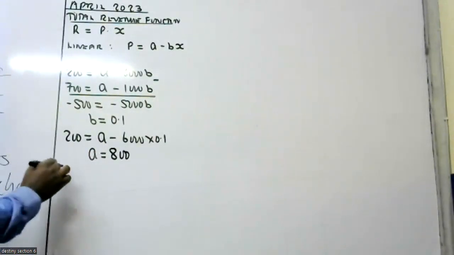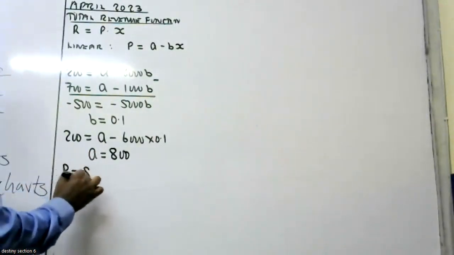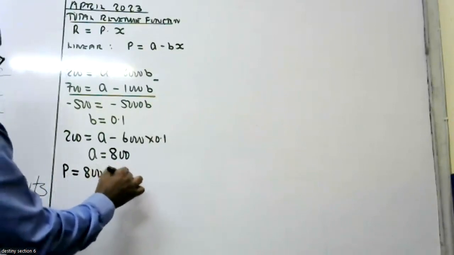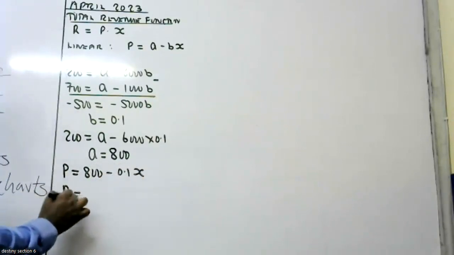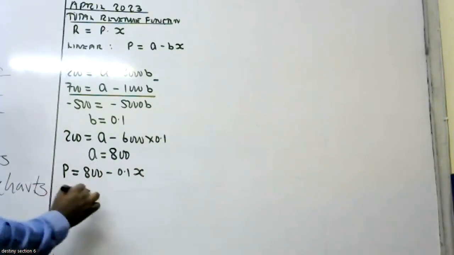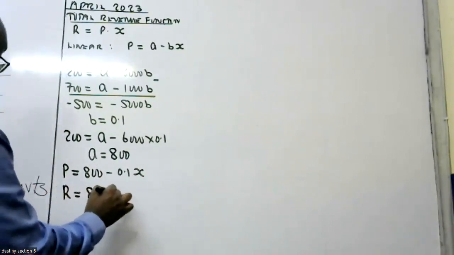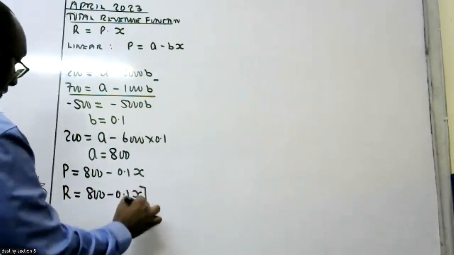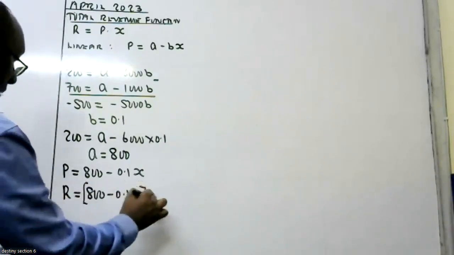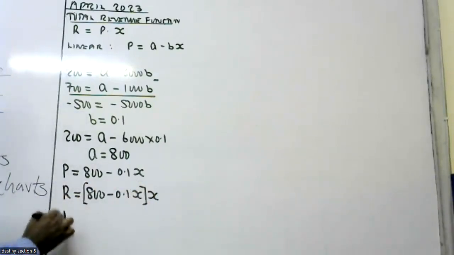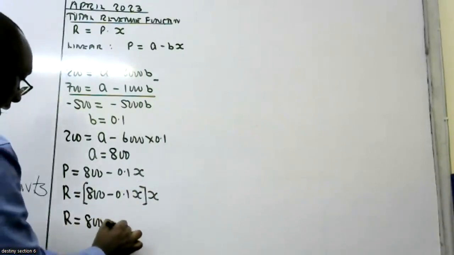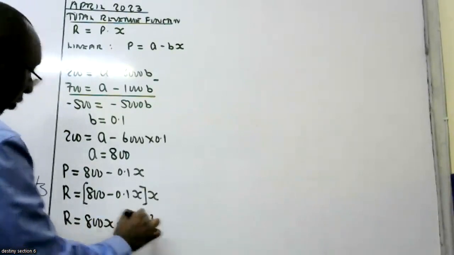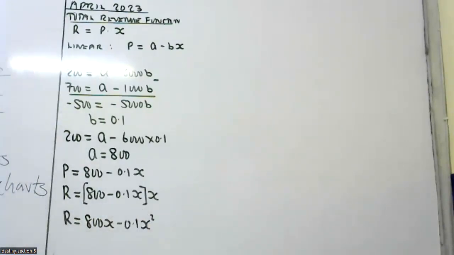Okay, so that means our P is 800 minus 0.1x. Therefore, our revenue should be 800 minus 0.1x, and you multiply by x, and this becomes 800x minus 0.1x squared.